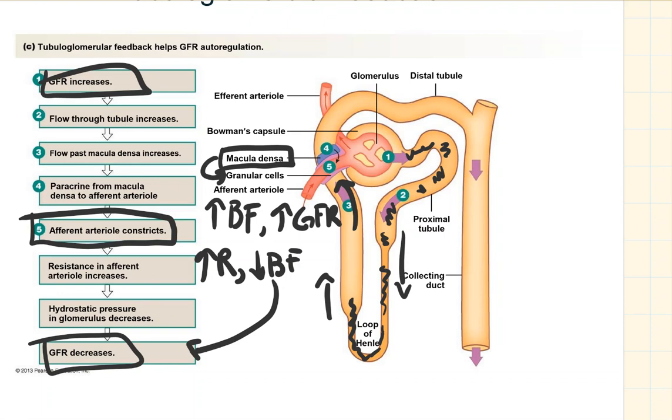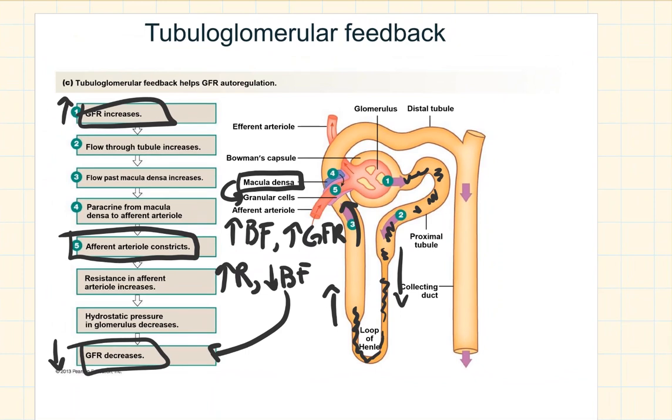So this is negative feedback. If we started with something too high, the end response should be to get that parameter lower. All right, so this is the local communication between the tube of the nephron and the smooth muscle of the afferent arteriole. That's tubuloglomerular feedback.